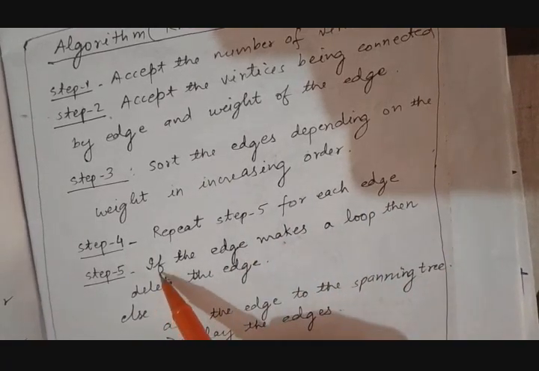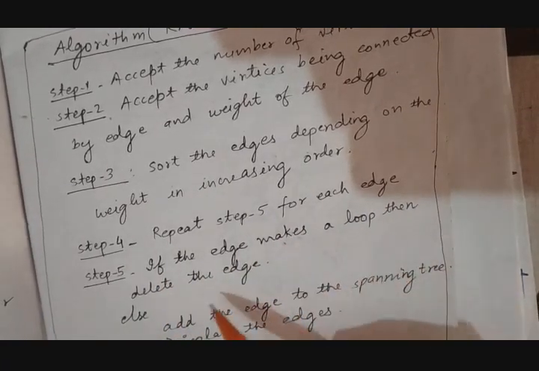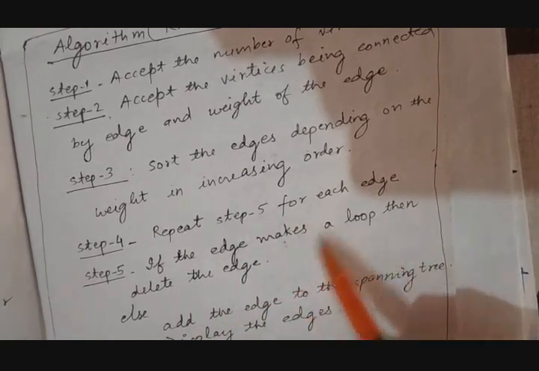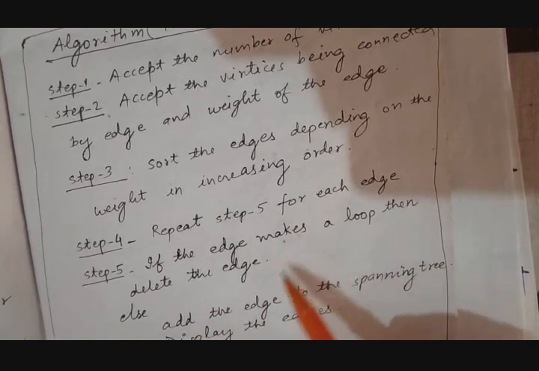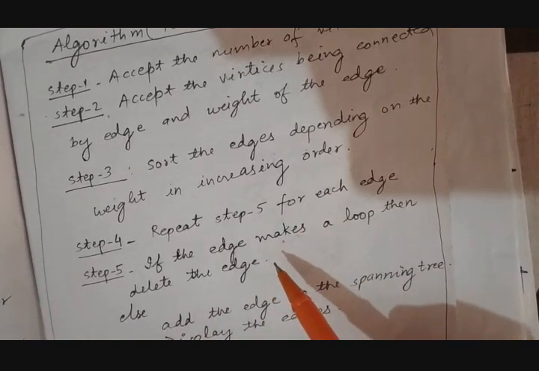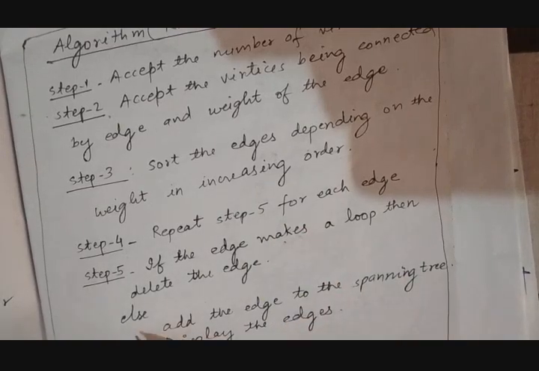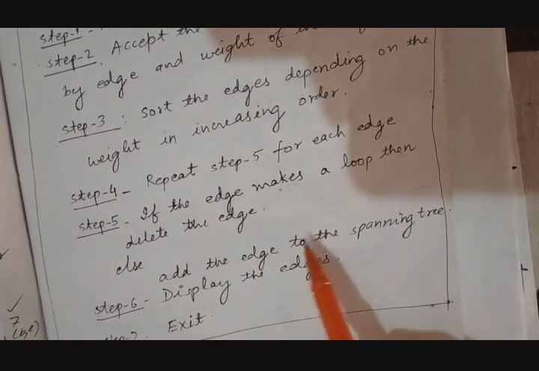Now if the edge makes a loop, then delete the edge. So for each edge we will check whether this edge makes a loop or not. If it makes a loop, we don't have to consider that edge, we have to delete that edge. Otherwise, add the edge to the spanning tree.